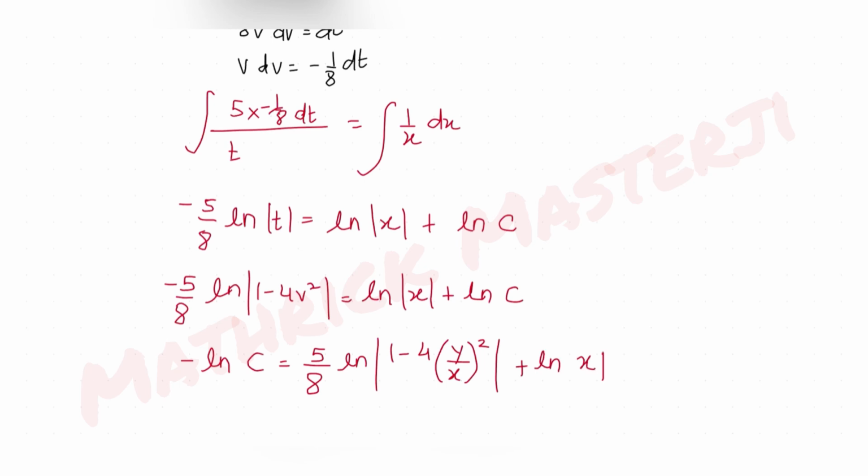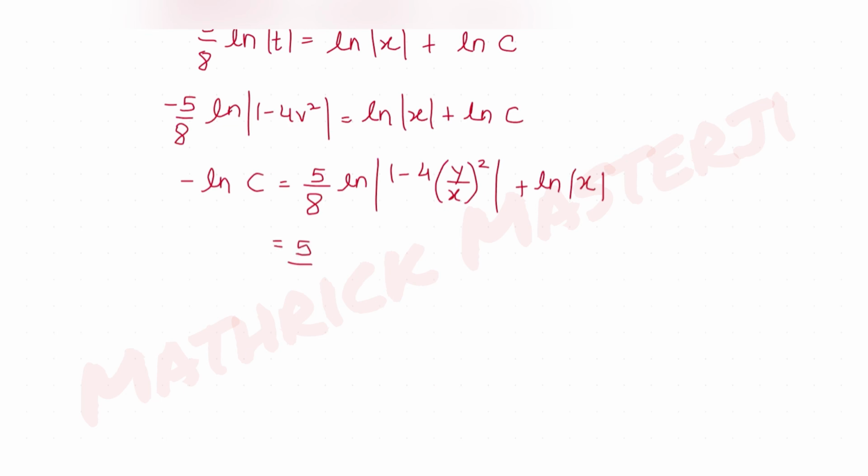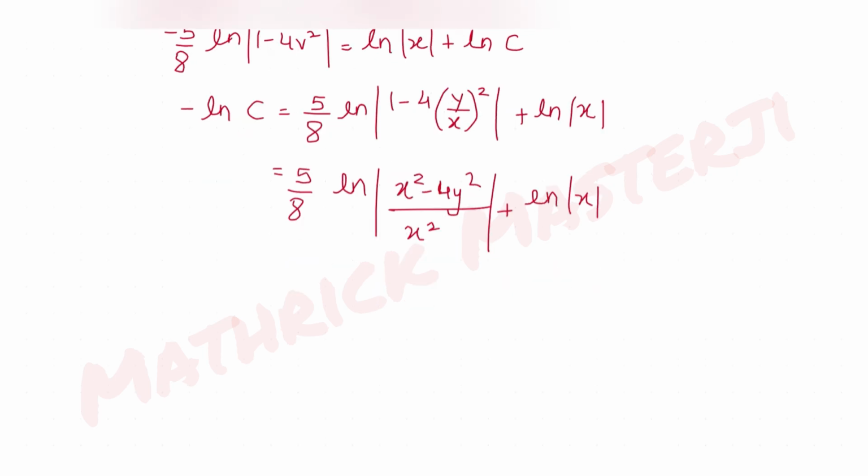Now further, 5 over 8 natural log of (x square minus 4y square) divided by x square, plus natural log of mod of x. So from here, what do I get? Natural log of minus natural log of c. I can take this 5 over 8 in the power.